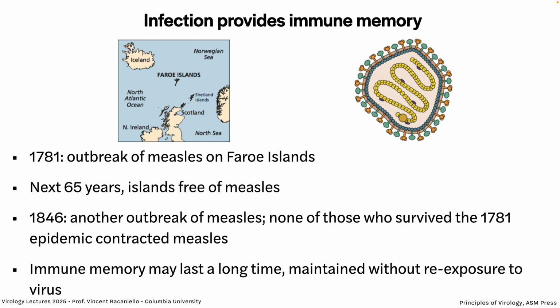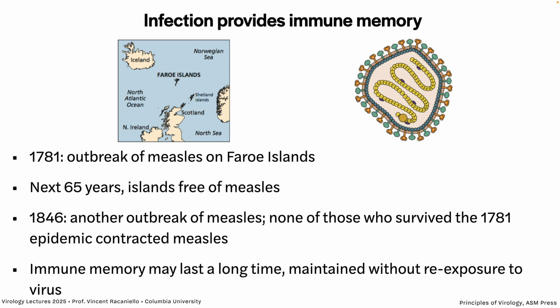Now, there were ships coming over those 65 years, but there were no outbreaks of measles. In 1846, there was another outbreak, but nobody who survived the 1781 epidemic, and there were some, got measles. And so Denmark sent a young epidemiologist to study this, and he said, there must be memory of some kind.